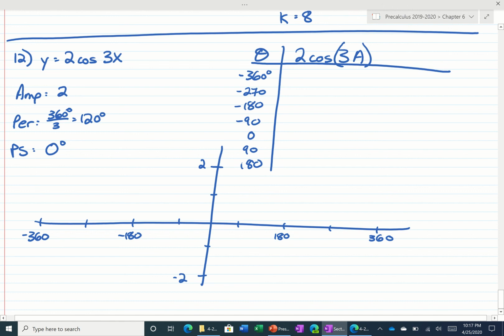Alright, so let's store negative 360, store it for A. I'm going to type in 2 times the cosine of 3A. And I get 2. Negative 270, store it. Calculator's telling me it's 0.